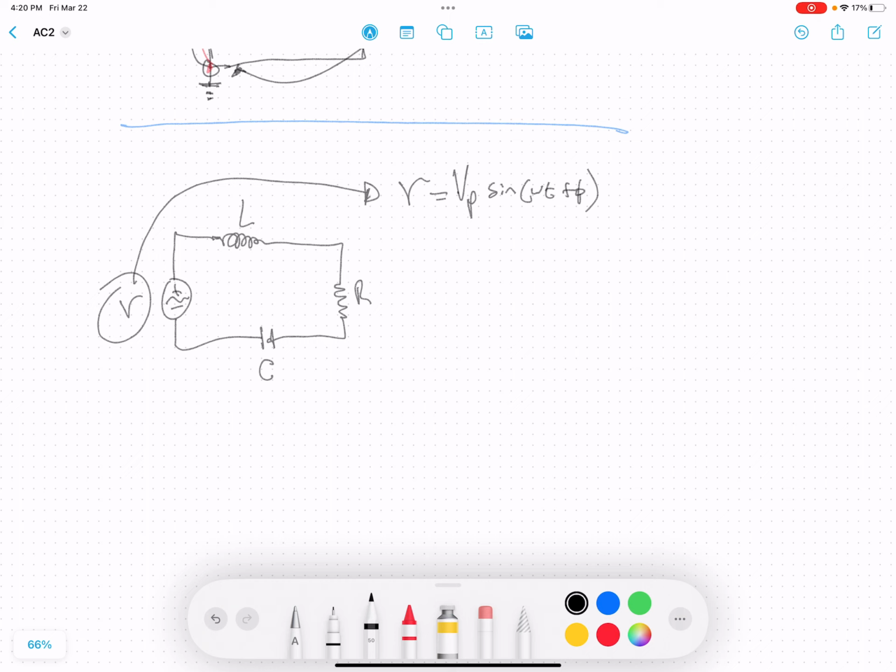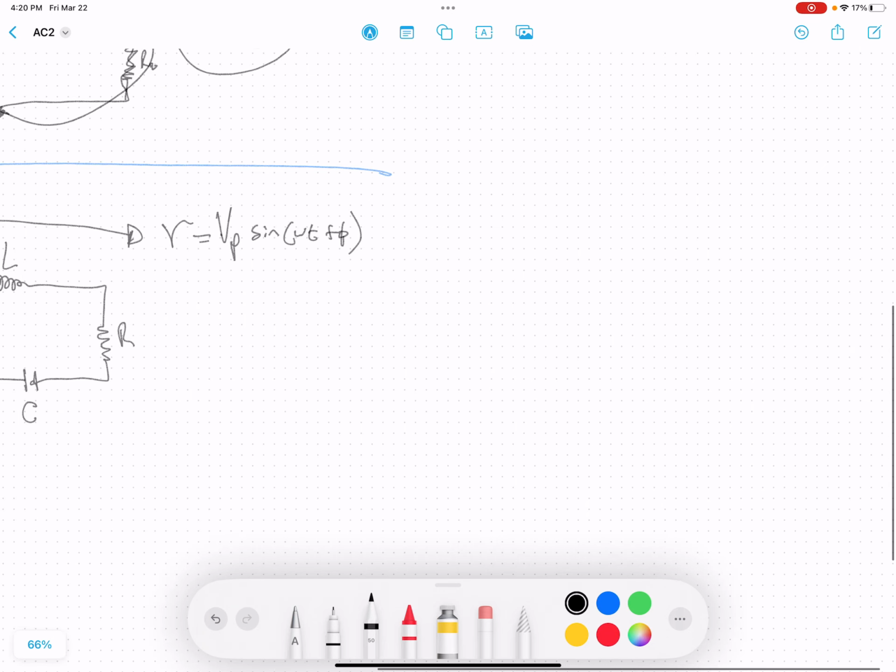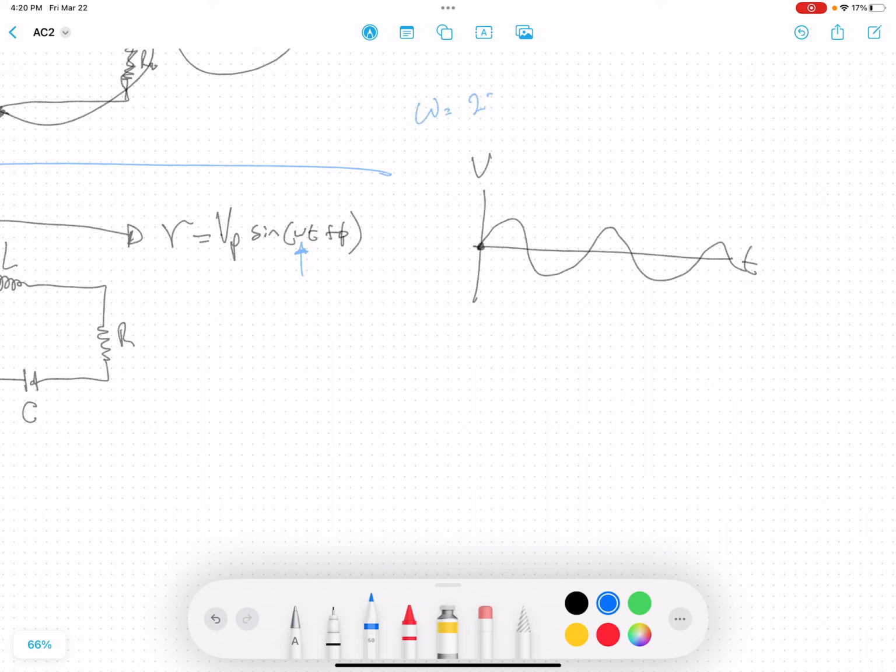The reason I'm representing it this way is that my voltage changes over time and follows some sine wave, where the frequency that this is changing is hiding inside of this, where omega is equal to 2 pi times the frequency.